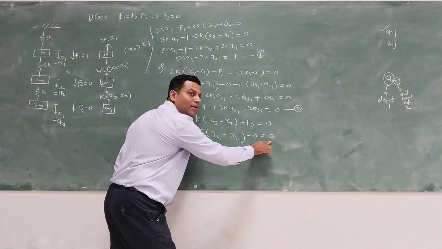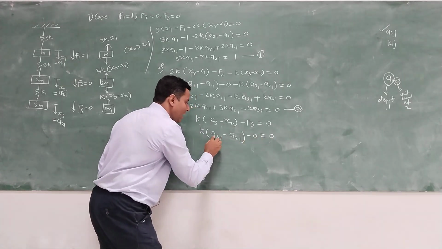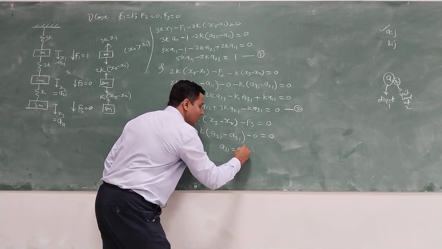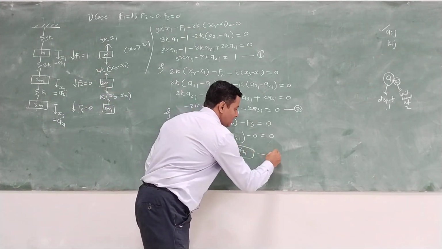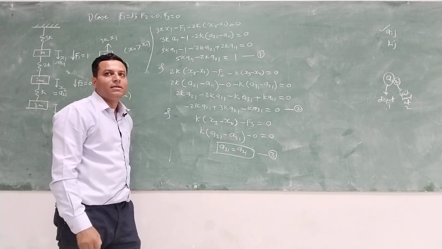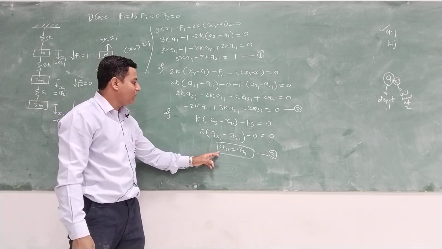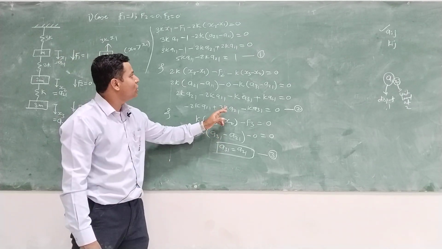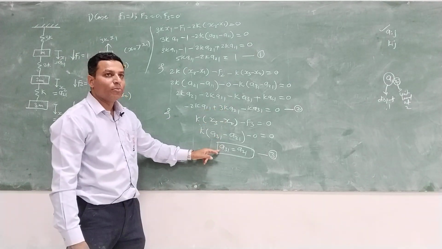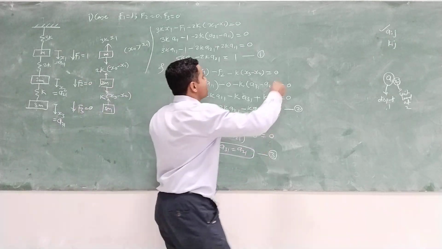Transfer k here, 0. So A31 is equal to A21. Mention this as 3. Now put this value of A31 in equation 2.